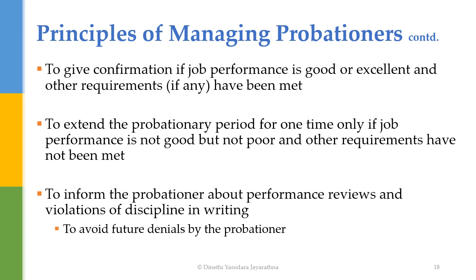So to avoid that, it is really important to inform the employee of performance reviews, and if there is any violation of discipline or of the company's rules and regulations, to give it in writing. Keep records, and inform the employee, to avoid future denials by the probationer as well as legal actions.